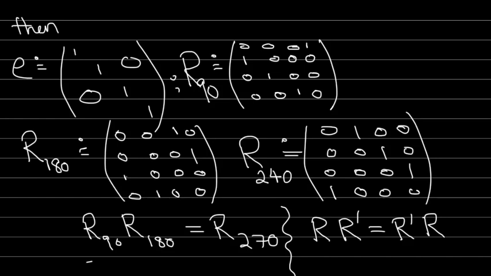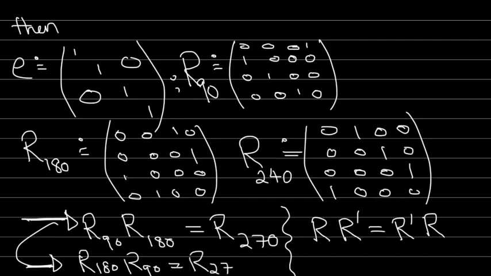So consider this example: actually, I'm sorry, we act them like this, right? In this example, I am doing R180 and then I'm doing R90. However, in this one, I'm doing R90 and then R180. And so this would still give me R270. That simply means that the group is abelian, right?